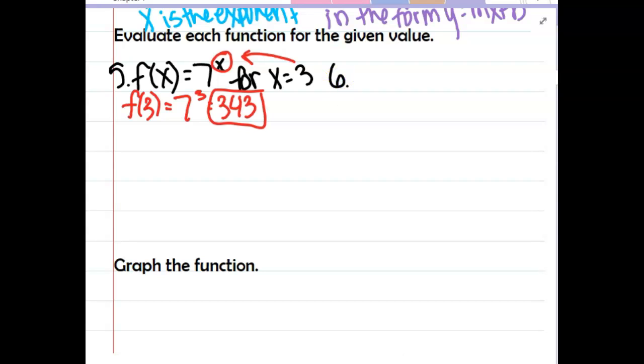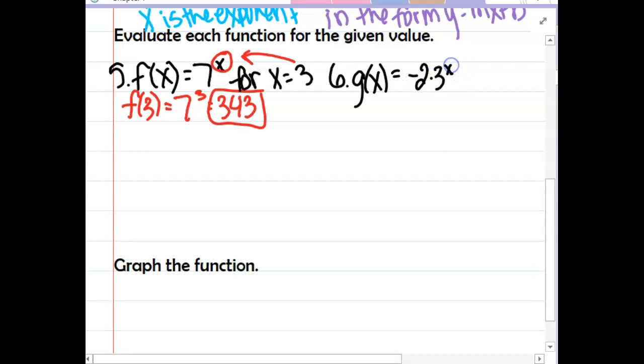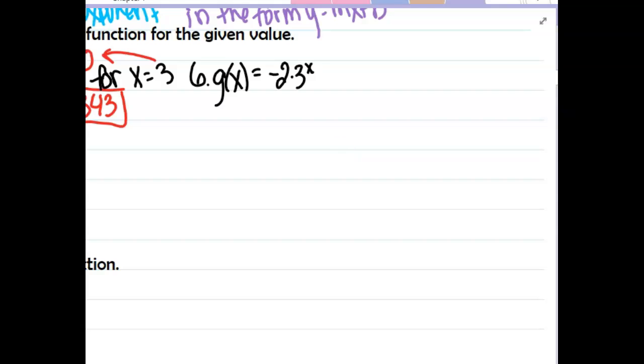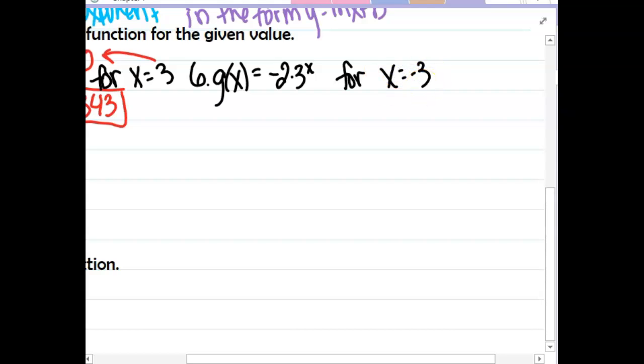Okay, number 6, what if we have g of x equals, so notice this one, this is function g, but I'm still plugging in x values, and here's my rule. Negative 2 times 3 to the x power for x equals negative 3.